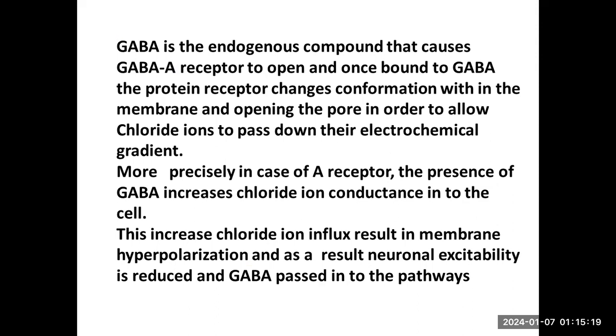So when GABA binds with the receptor, the protein receptor changes its conformation within the membrane so that it opens up the pore in order to allow chloride ions to pass down their electrochemical gradient.